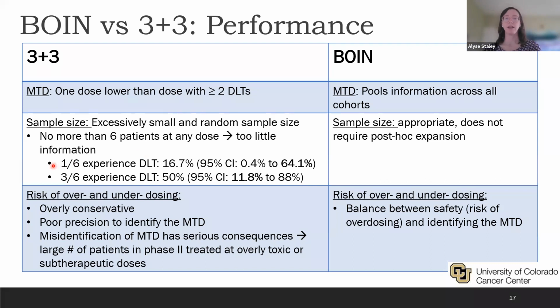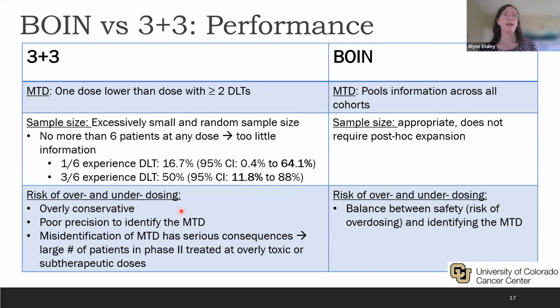But due to such a small sample size, if you look at the upper bound of the confidence interval, the true toxicity rate could actually be as high as 64%. If you have a high observed DLT rate of 50%, your true toxicity rate could also be as low as 12%. The BOIN design, in contrast, uses a more appropriate sample size that then doesn't require post-hoc expansion.